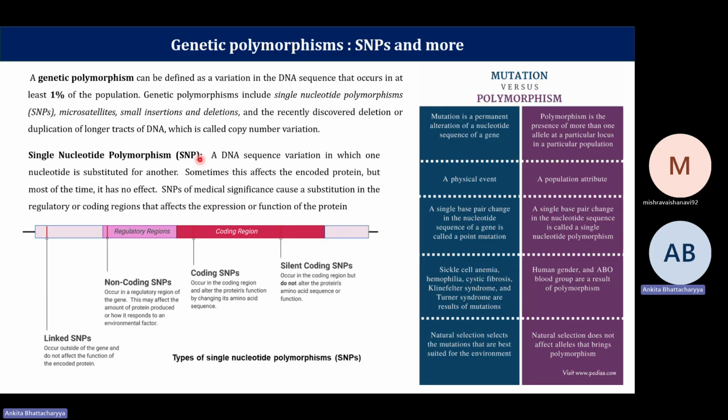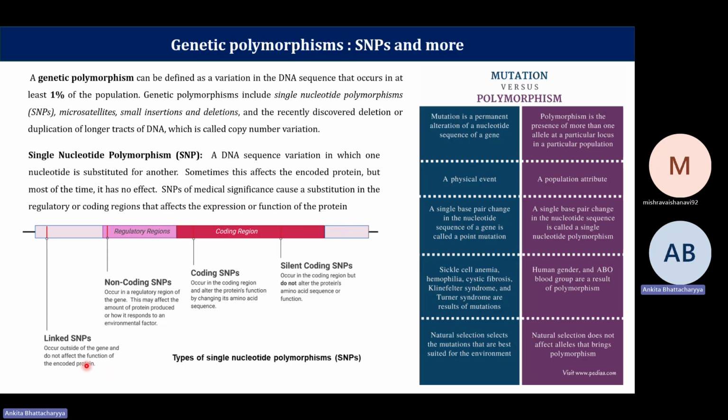So a SNP can or cannot affect the encoded protein, but most of the time it does not have any deleterious or, for that matter, any effect. It just leads to more variety. SNPs of medical significance cause a substitution in the regulatory or the coding regions that affects the expression or function of the protein.